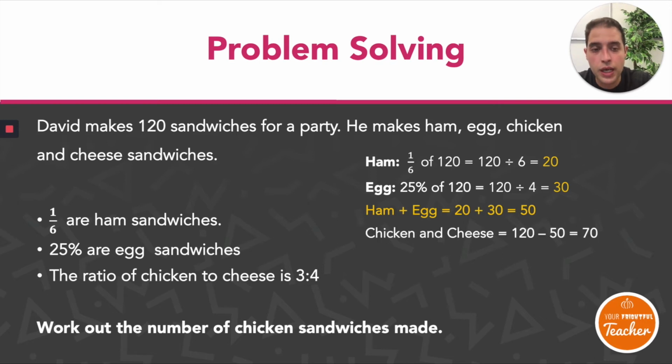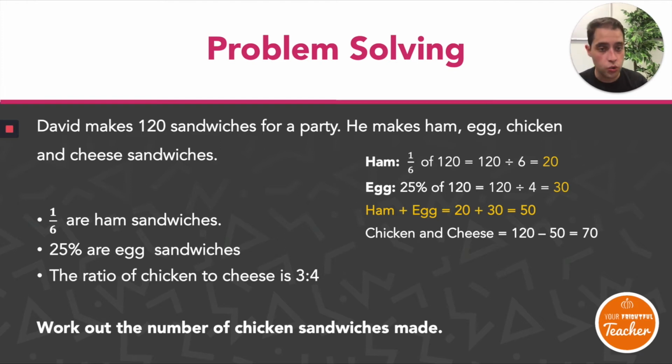Now the chicken and cheese, what's left? We know that 1/6 of the total, the ham, is 20, and 25% being egg is 30. We now need to remove them from our calculations moving forward, so we get clarity on the ratio between chicken and cheese.